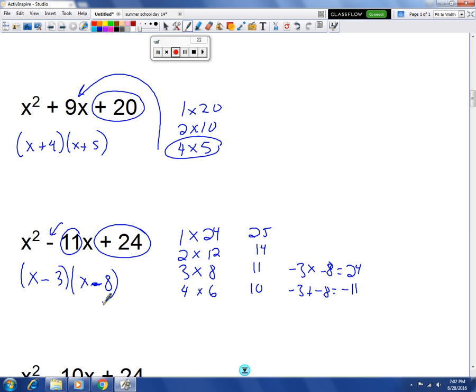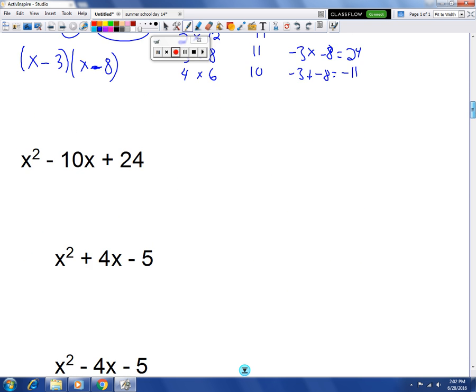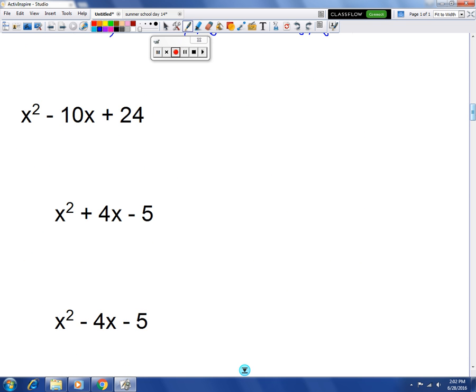X minus 3, x minus 8. All right. Let's see. Got one more count like that. I got a positive 24 again. So if I look ahead, that's a negative, so I can just think about multiplying two negatives, because that's a positive. I have to multiply two negatives or two positives to get a positive at the end.